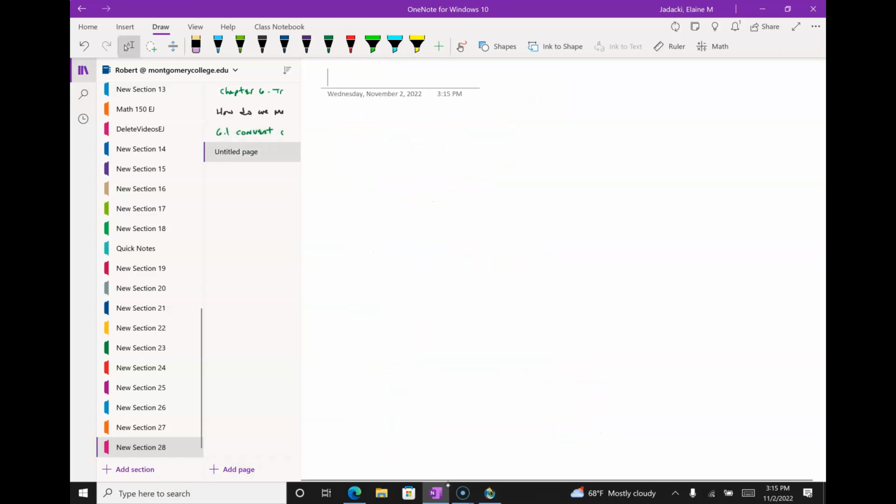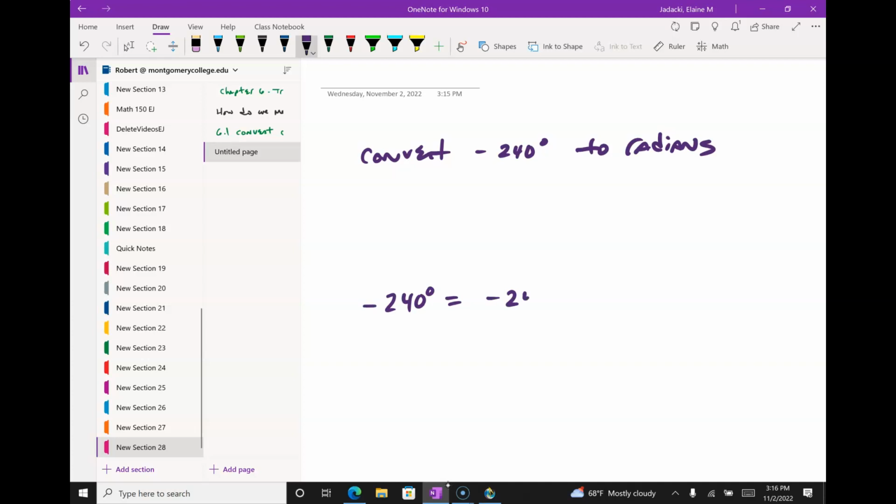Let's convert negative 240 degrees to radians. So I'm going to take my negative 240 degrees and multiply by my converter.